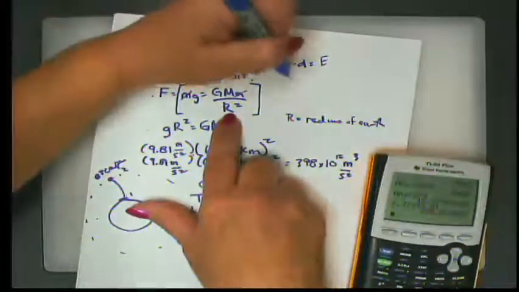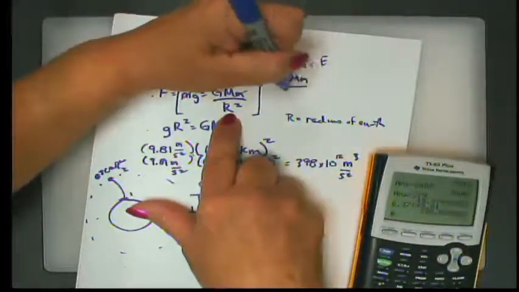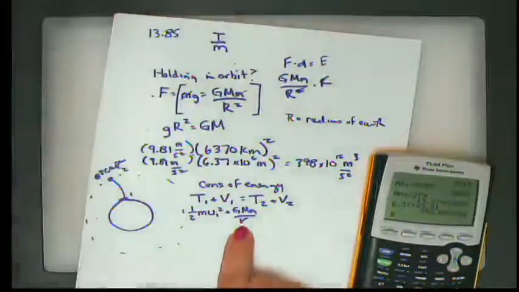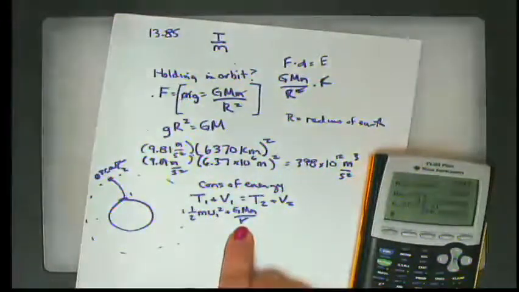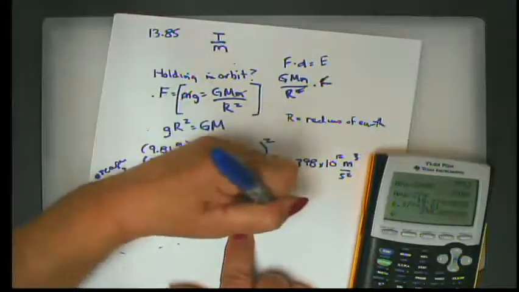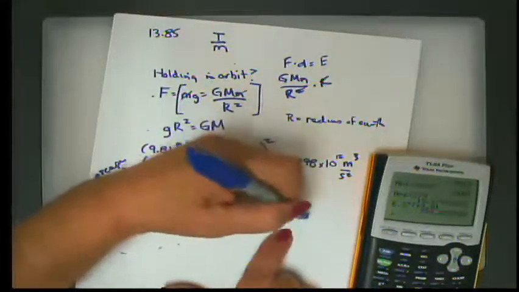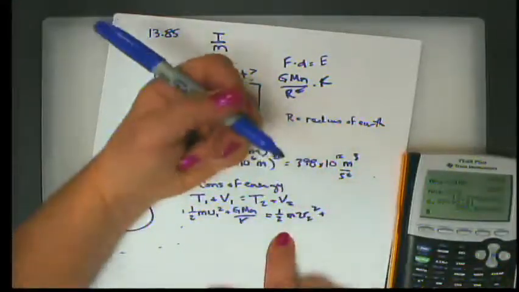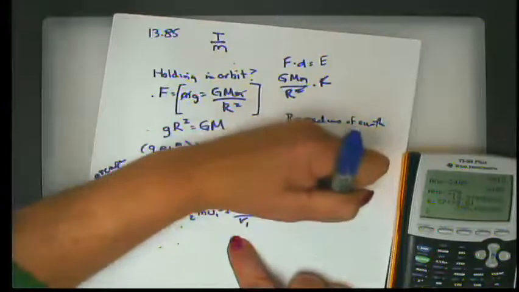So we take G m over r squared times r, and we just get this type of term. Then we want that to equal 1/2 mv at whatever that escape is, plus the same thing at this different radius. So let's just call that 1 and 2.